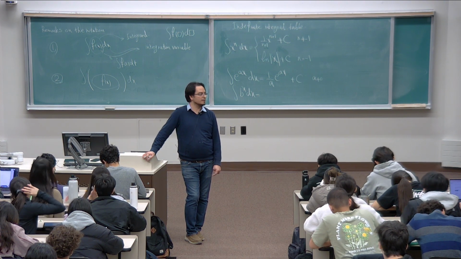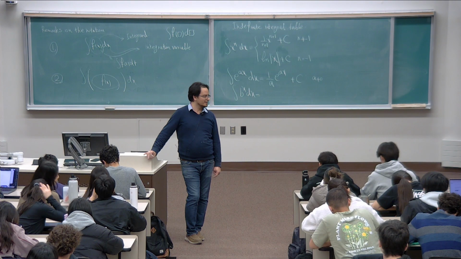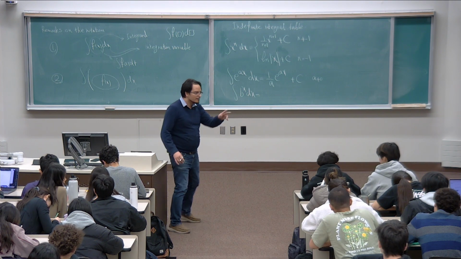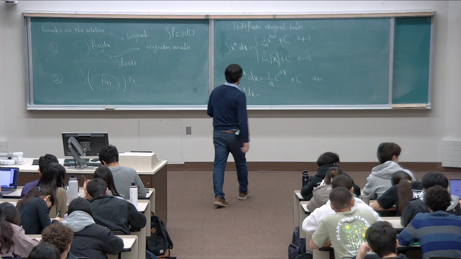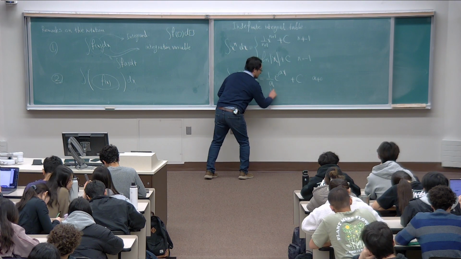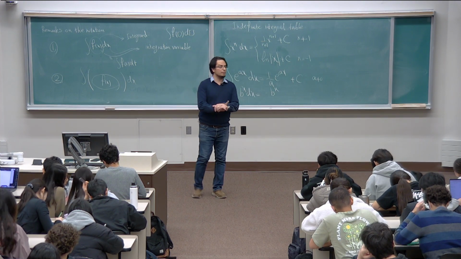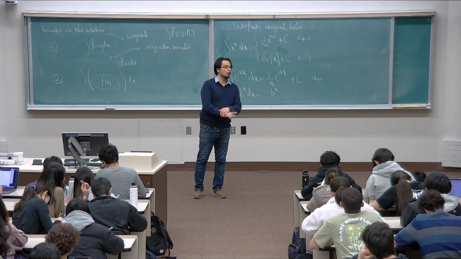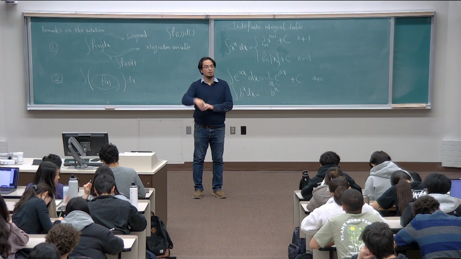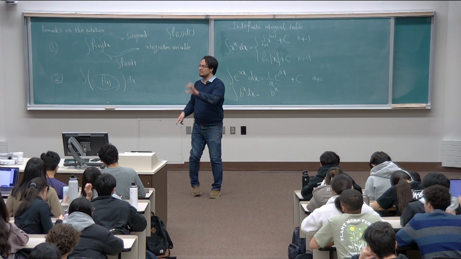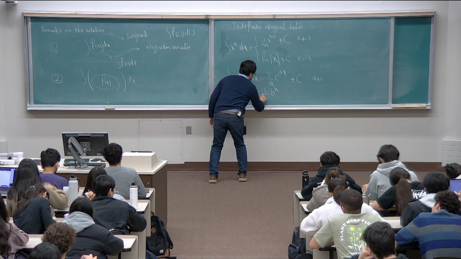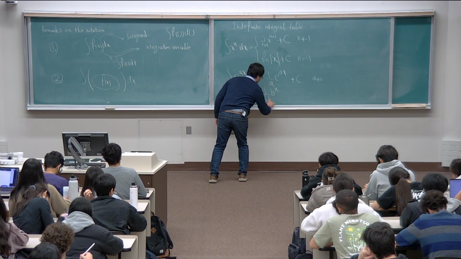We will have b to the power x there. The derivative of b to the power x is ln b times b to the power x. Ln b is a constant, so I need to divide this guy by ln b.